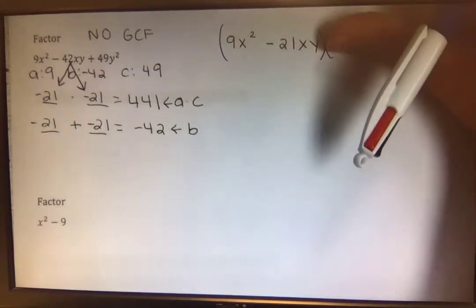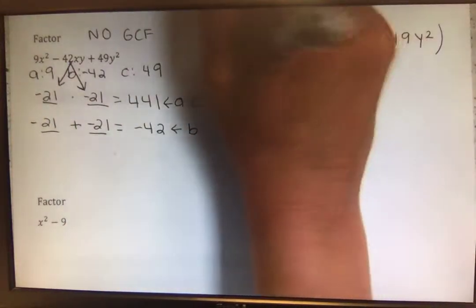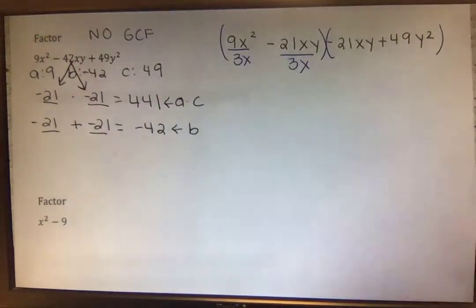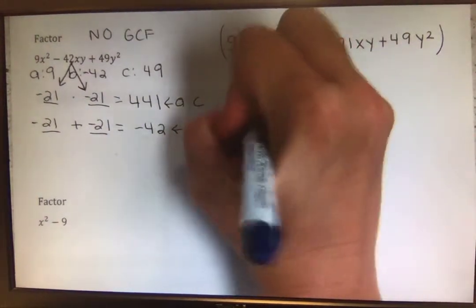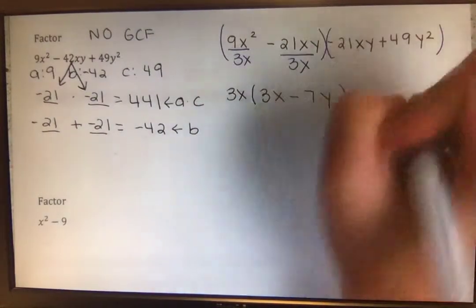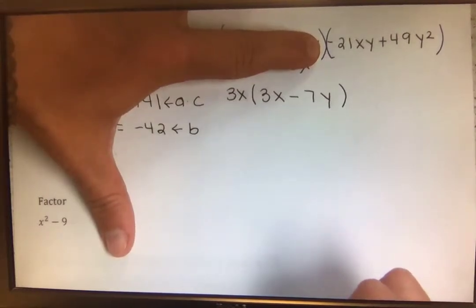Looking at our first 2 terms, 9x squared minus 21xy, I notice they both have a 3x in common. So we're going to factor that out from both terms. And we are left over with 3x minus 7y. Looking at our next 2 terms, negative 21xy plus 49y squared.